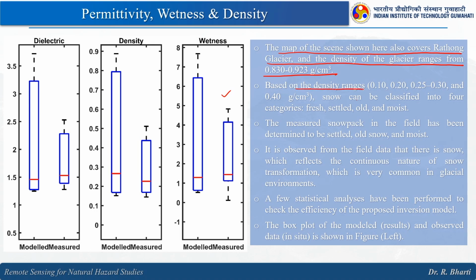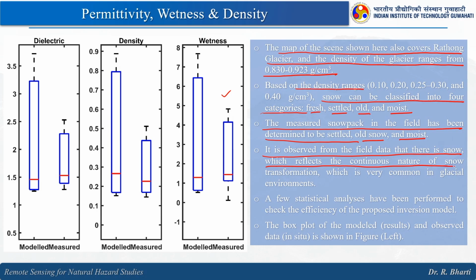Based on the density range, the snow can be classified into 4 categories: fresh, settled, old and moist. The measured snowpack in the field has been determined to be settled, old snow and moist. It is observed from the field data, because we have the field information, that it reflects the continuous nature of snow transformation, which is very common in a glacial environment.